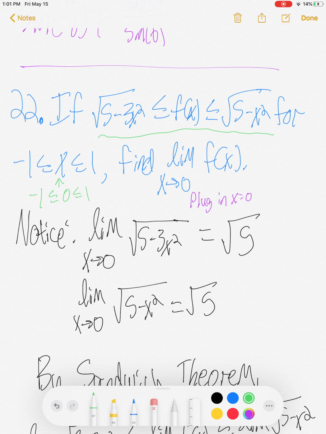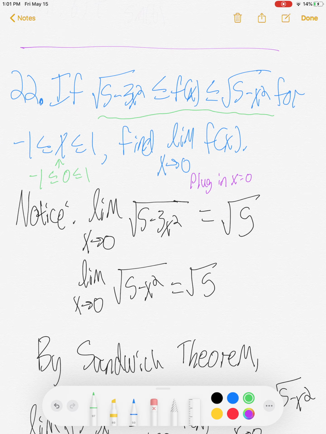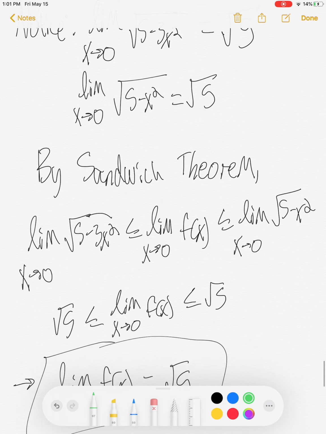If this asked for, say, the limit as x approaches 2 of f of x, I would have no idea, because I don't know what f of x is doing around 2. All that I know is that it's between these two functions over this specific interval. So within that interval, I am able to deduce some information about the limit.